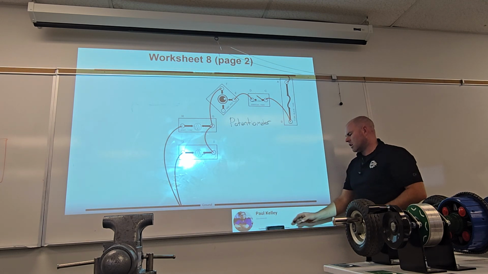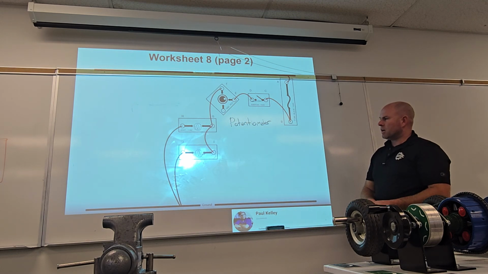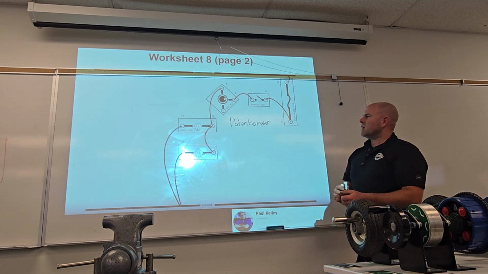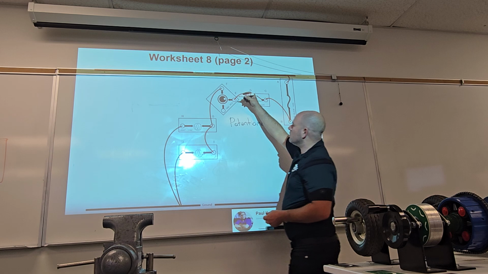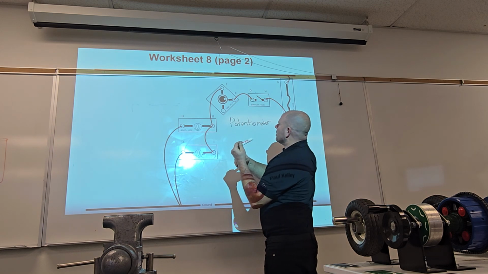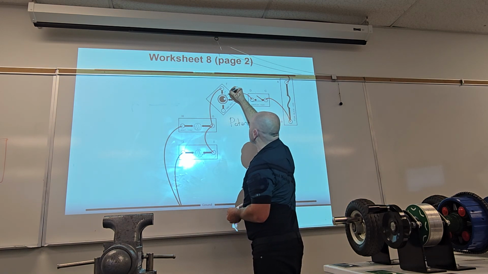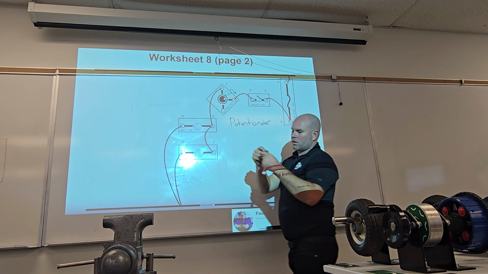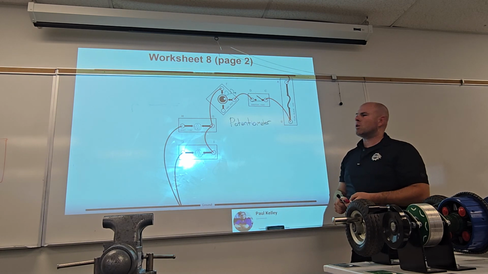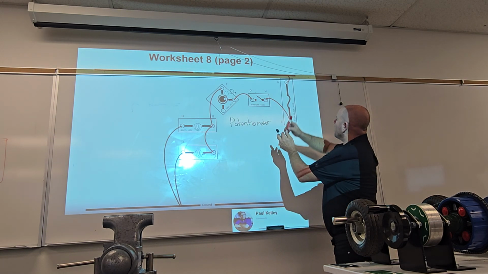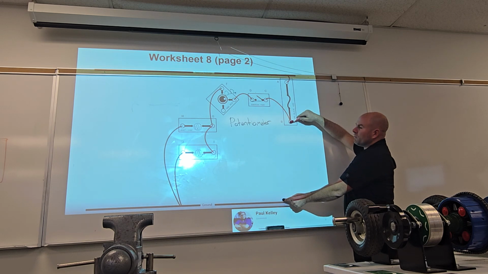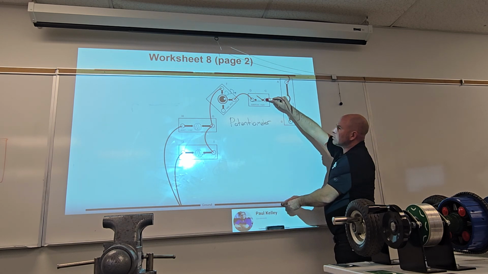So there are a couple of little activities right there, but it's kind of the same as what we just covered. Let's say you turn that potentiometer to 0 ohms. Follow me on voltage available. 12 volts, would you say? 12 volts.